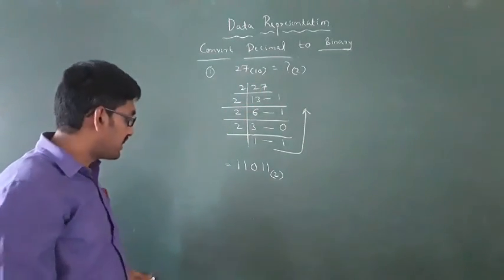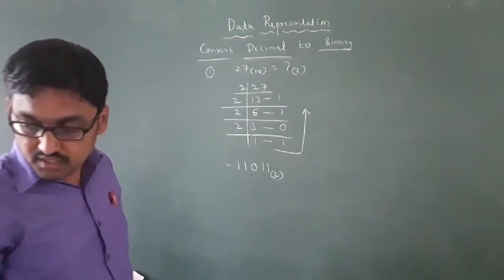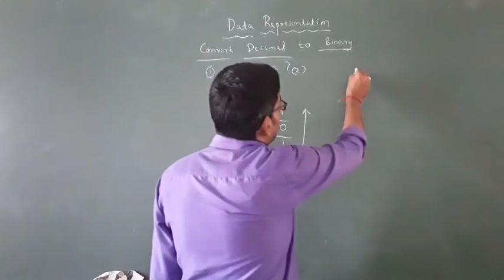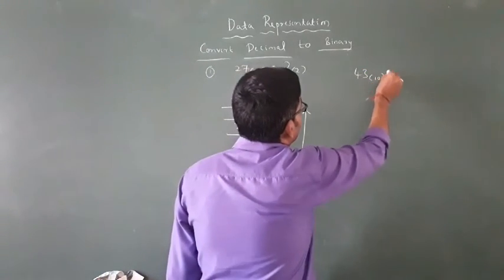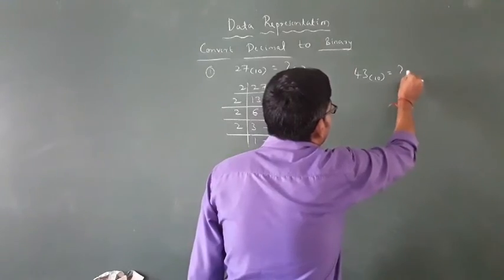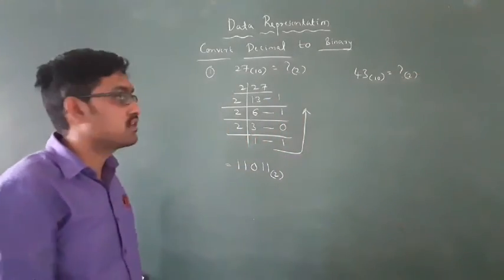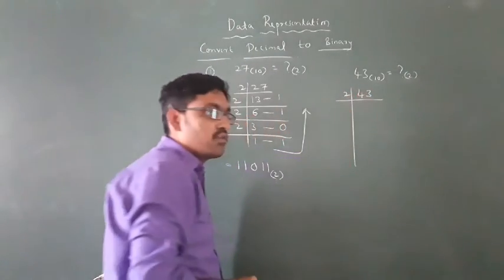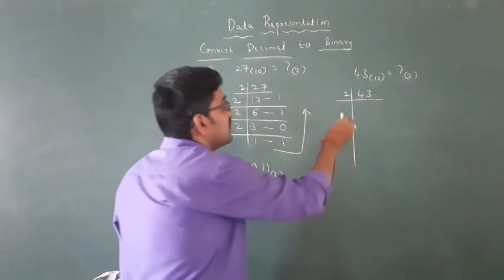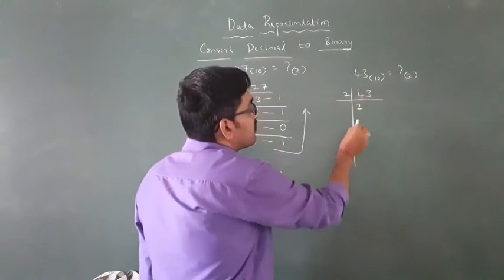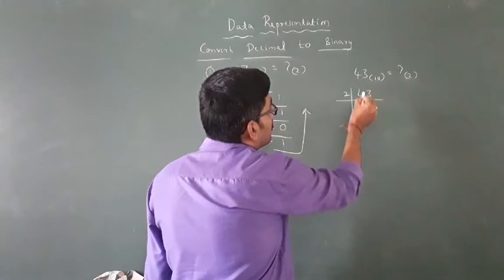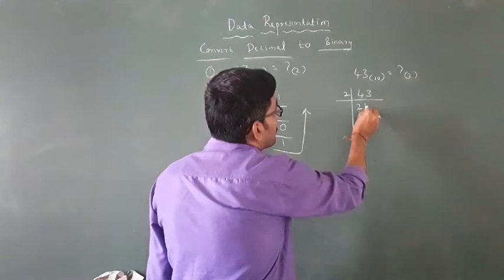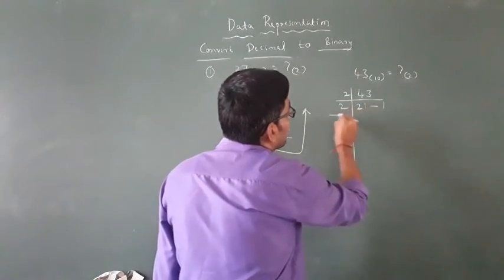The next one, for example, they have given you 43. You have to convert it to binary form. How to convert this into binary? See, take 43 divided by 2. 2 ones are 2, then 2 twos are 4, carry 1.